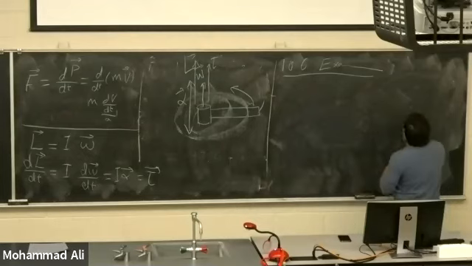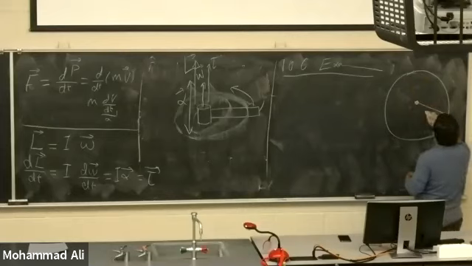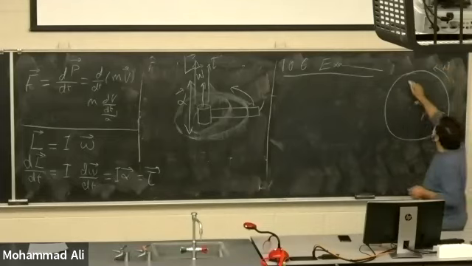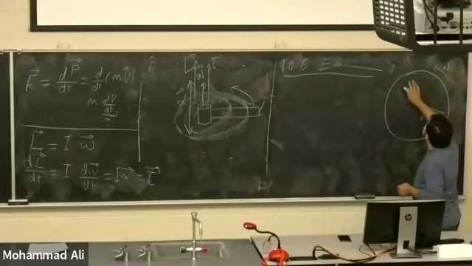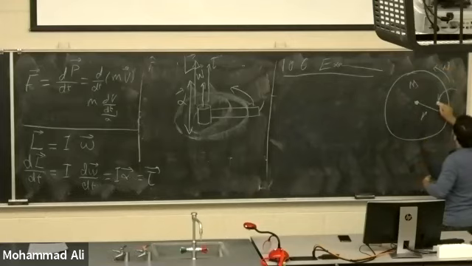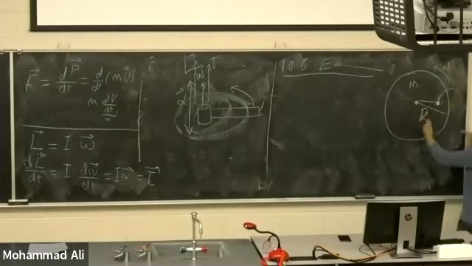We have a rotating disk with radius r and velocity omega, and it has a mass, capital M. During rotation, there is a ball that jumps here and settles at this distance. This is capital R, the radius of the disk.